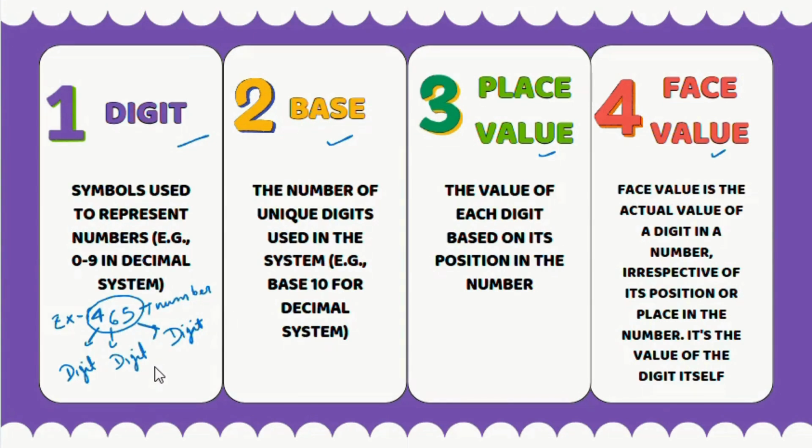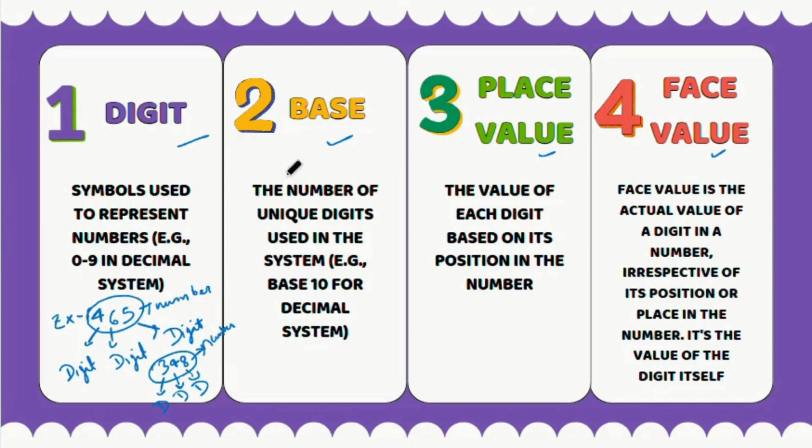Let's take another example, 3, 4, 8. The whole is a number, but 3, 4, 8 are digits. These all are digits, but this whole is a number.